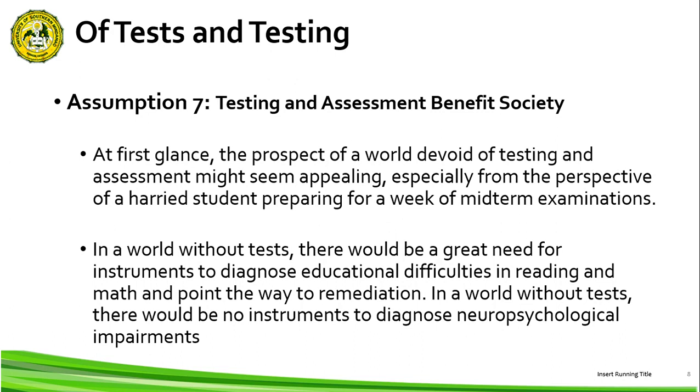So in assumption 7, it is said that a society without testing could be in shambles, as persons without credibility can account themselves as credible for a task that they are not familiar with.